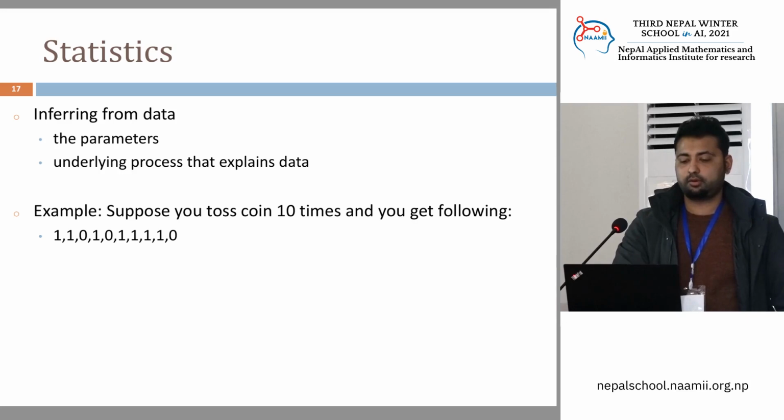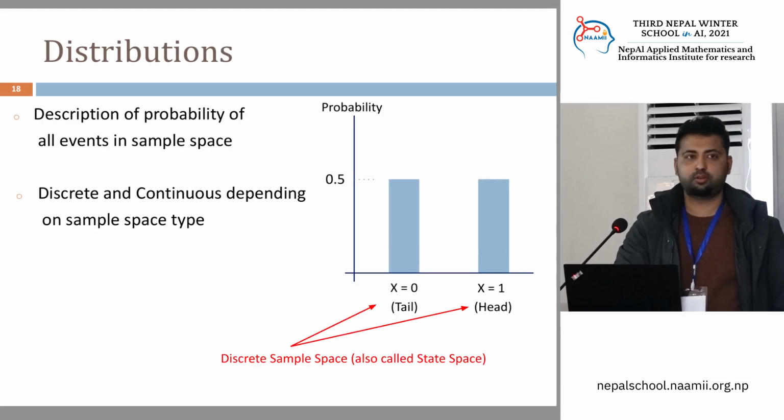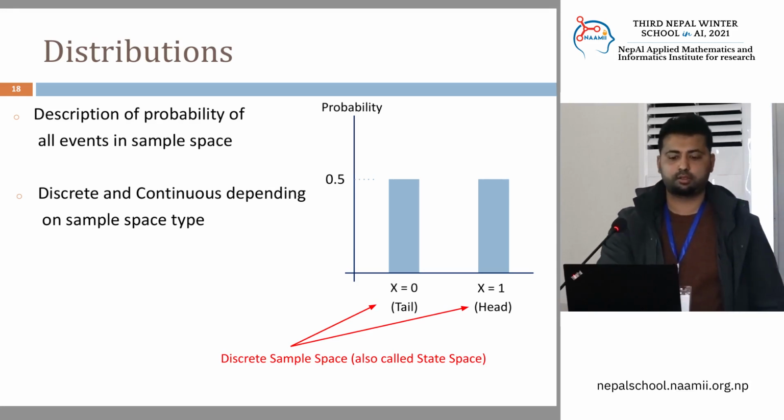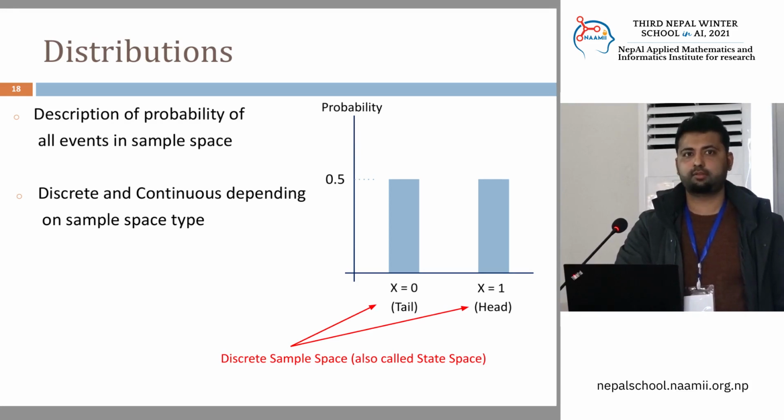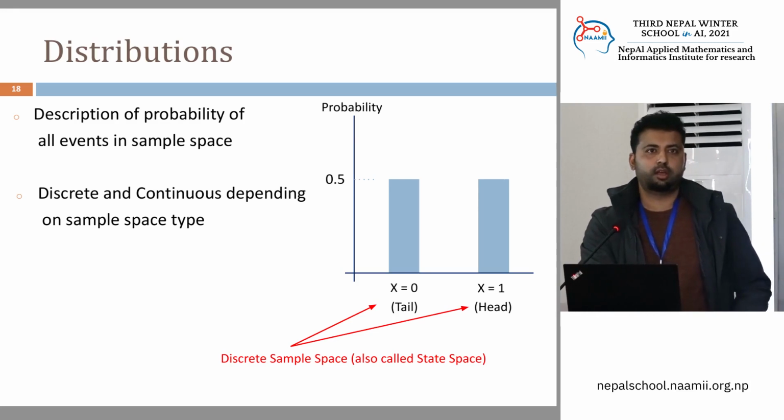So I talked about probability and statistics. There is something called the distribution, which means you try to describe the probability. I said P(x=0) equals 0.5, P(x=1) equals 0.5, but when you try to describe more complicated things, this type of description becomes infeasible.